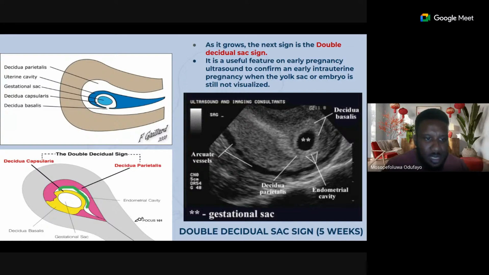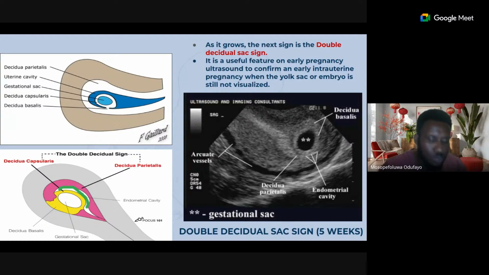Imagine if you are digging a hole in sand, you put your egg inside, then you use sand to cover the egg. That's exactly what is happening here. So it digs a hole in the endometrium, burrows into it, and then allows the endometrium to cover it. The endometrium that it burrows into, that it's lying on, is what we call the decidua basalis.